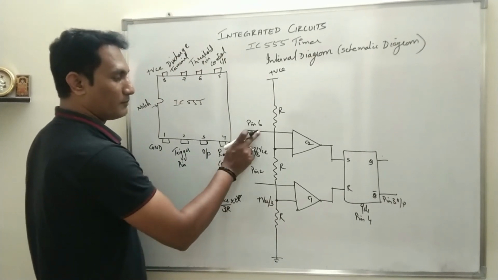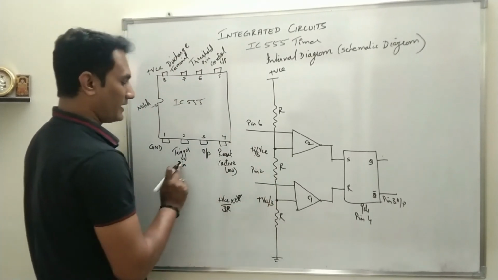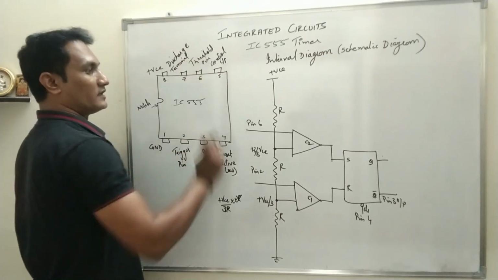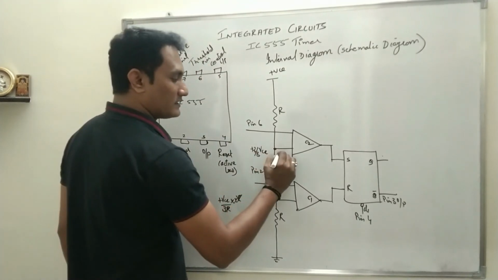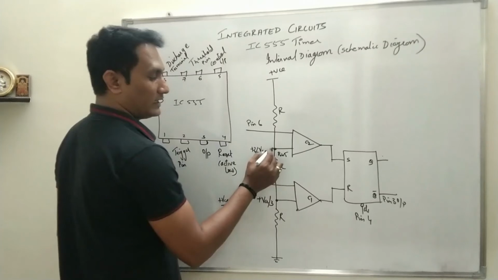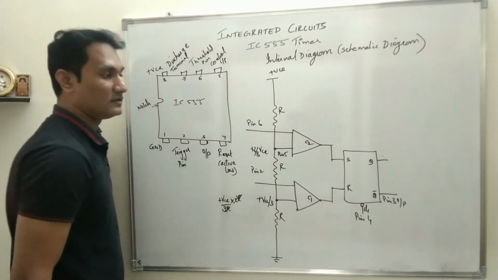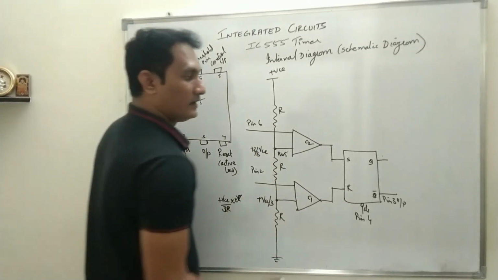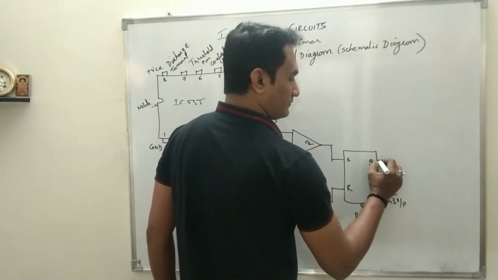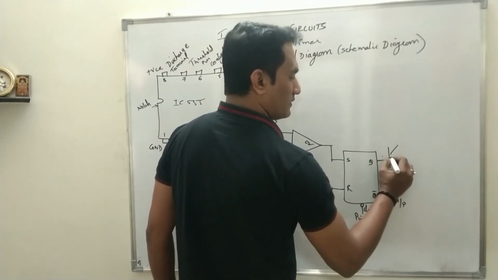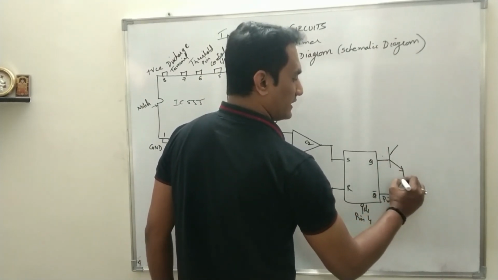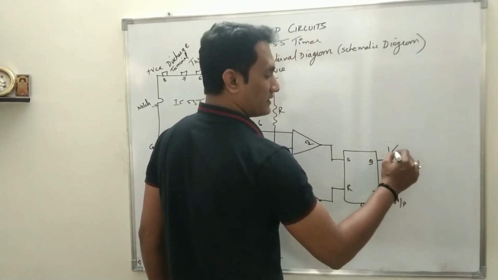Pin number 2 and pin number 6 are the inputs to the comparator, which are the trigger input and threshold pin. Pin number 5 is the control input, which, as I told you, is a fixed voltage of plus 2 by 3 of VCC. And there is a transistor connected at the output, acting as a switch.